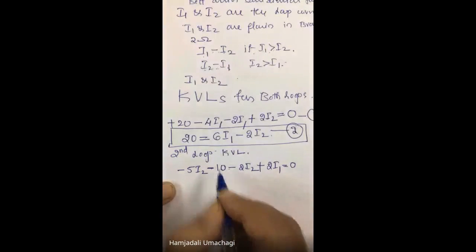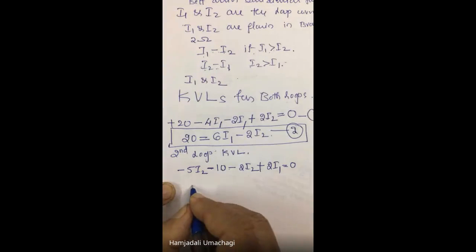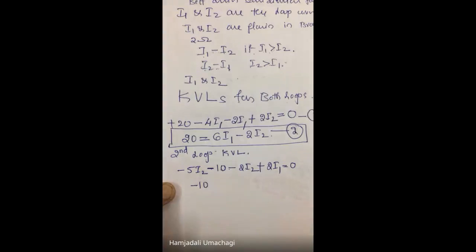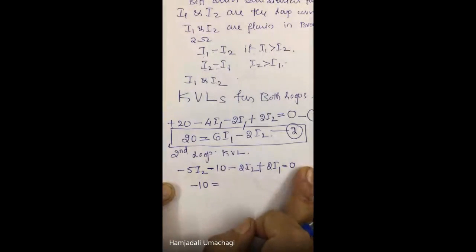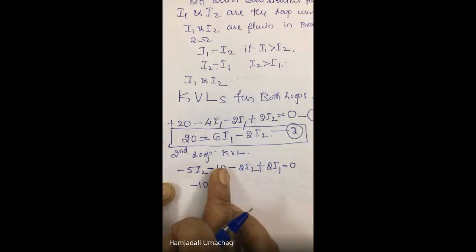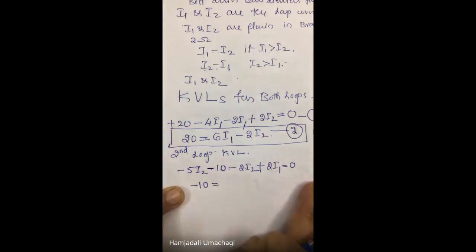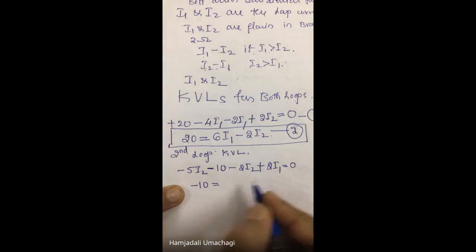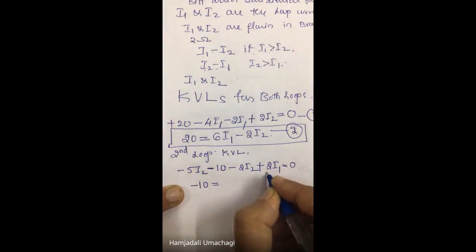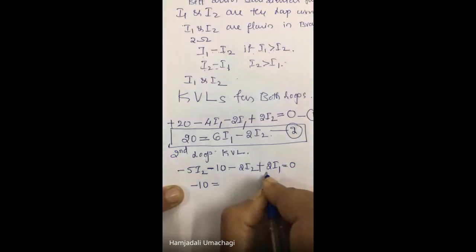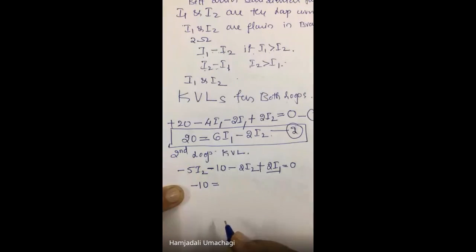I'll be expressing it in a proper way. Known terms on the right side of the equal sign, and unknown variables I'll be taking on the right side of the equation. That is, I'm arranging the equation terms in a proper way.